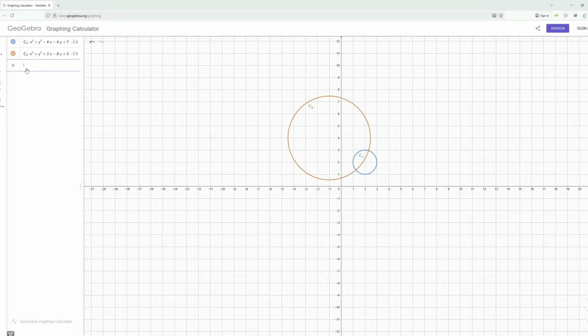Now we want our circle that's going to pass through the points of intersection of C1 and C2 to also pass through the point 4, 3. So let's plot that point.